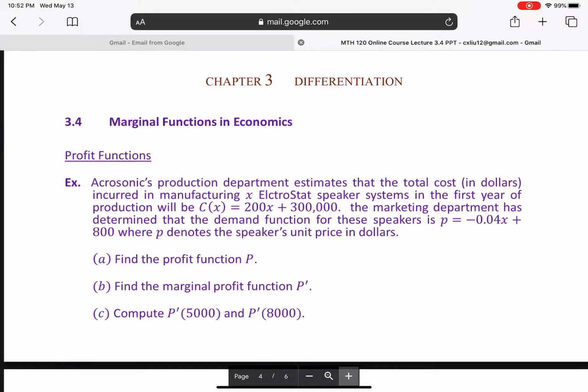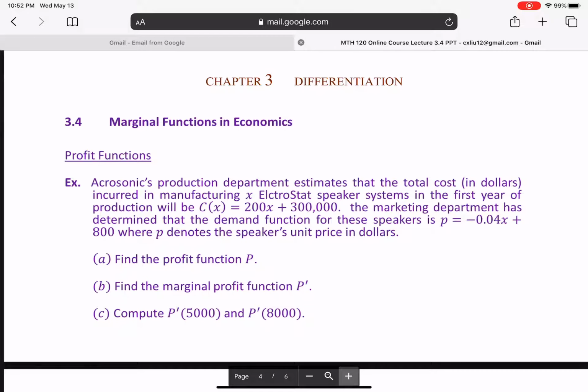So that's just the demand function we discussed before. We need to do three questions. Question A, find the profit function P. Question B, find the marginal profit function P prime. And question C, compute P prime at 5,000 and P prime at 8,000.